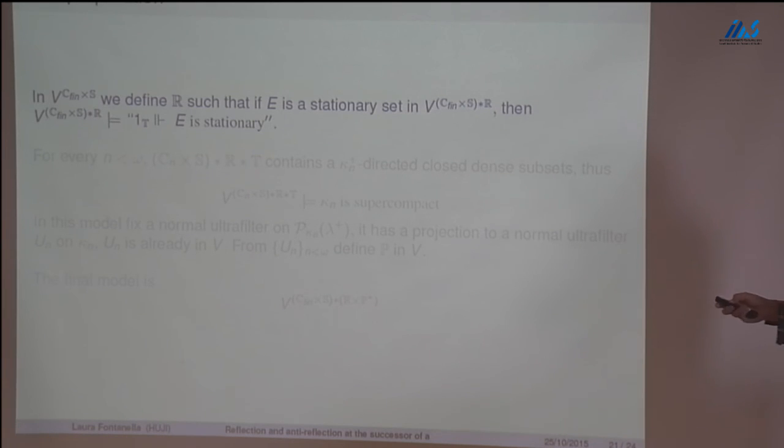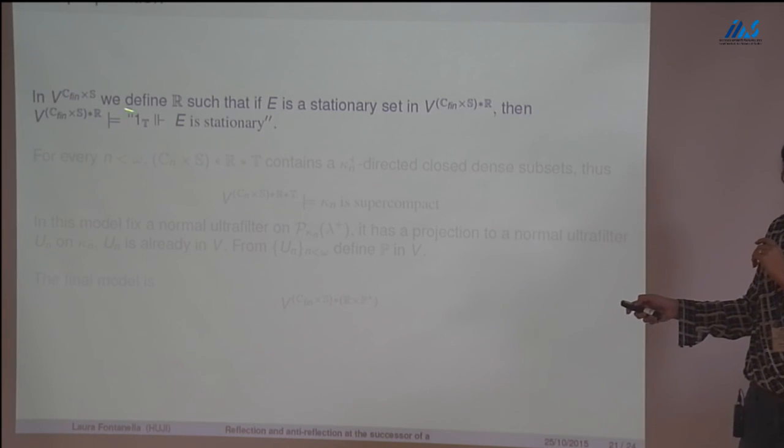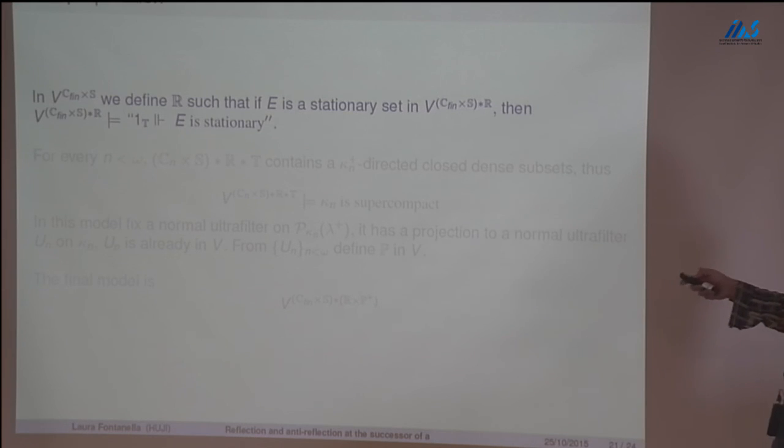Okay, the idea is that we take this factorization, and instead of forcing the square and then doing the Magidor and Shelah forcing, we just force the square together with the C finite part, and then we just set aside the last part of the forcing, the P star, and we do it later. So first we force with this, and then we do the preparation.